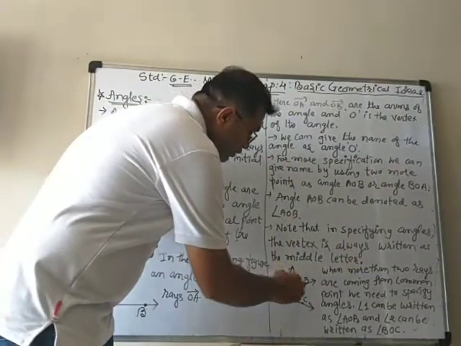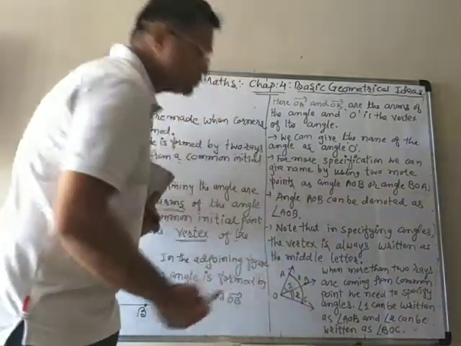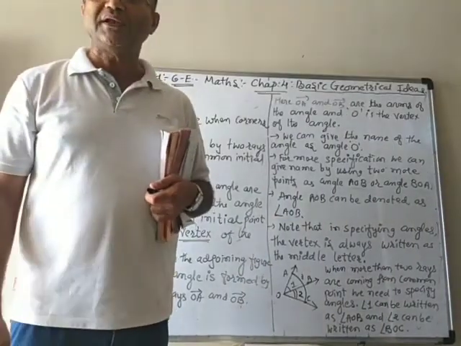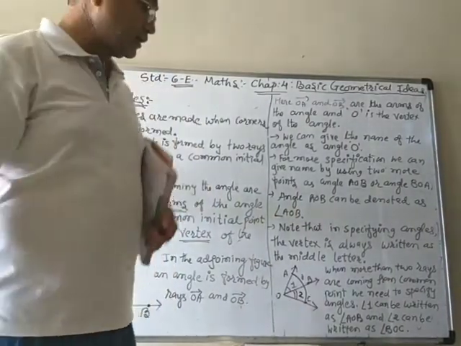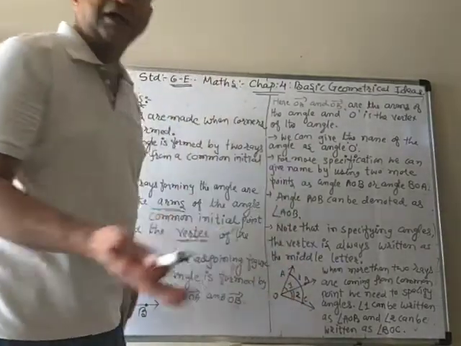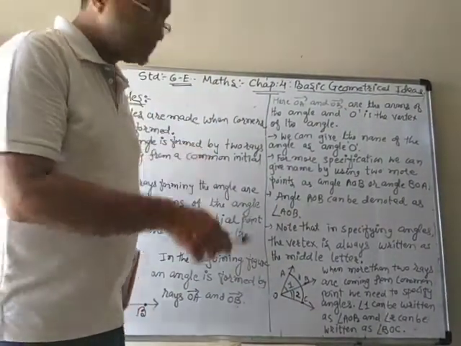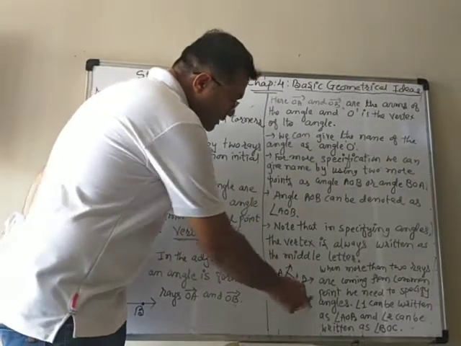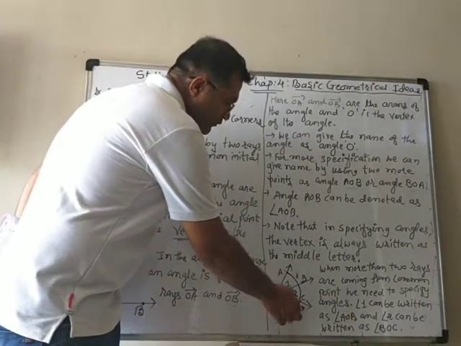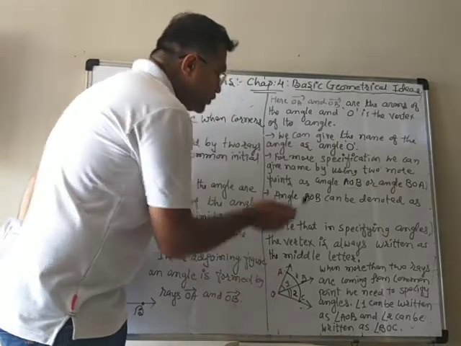If you take the whole angle 3, then what can be the name of that angle? We cannot write it as angle AOB or BOC or only angle O. In this situation, we have to write the whole angle, starting from A: AOC or angle COA.